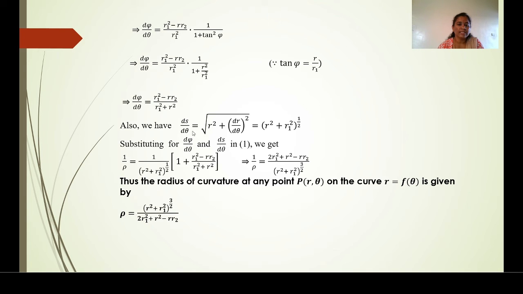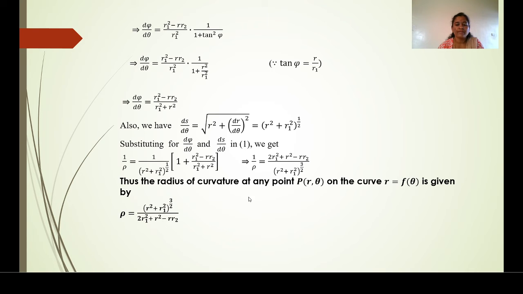Again we have the result ds/dθ is square root of r square plus (dr/dθ) whole square. This can be represented as (r square plus r1 square) to the power of 1 by 2. Substituting for dψ/dθ and ds/dθ in equation 1, we get the required result.